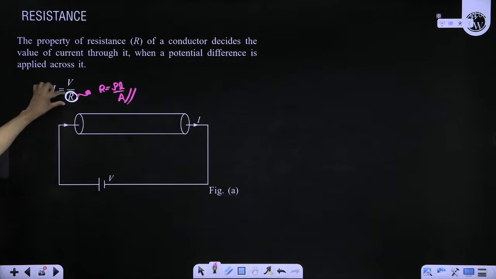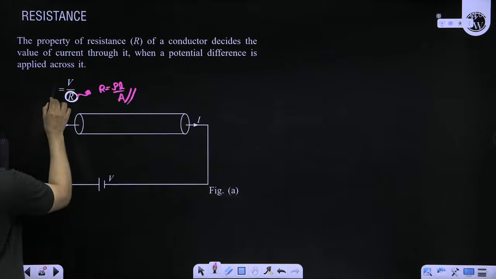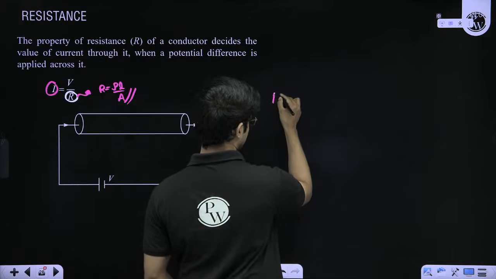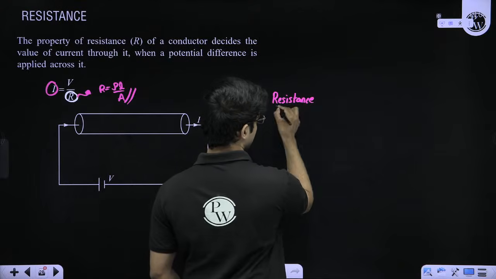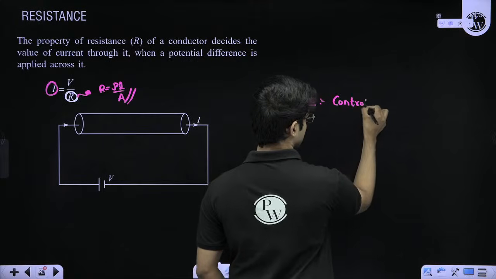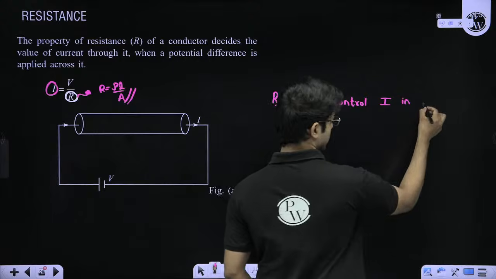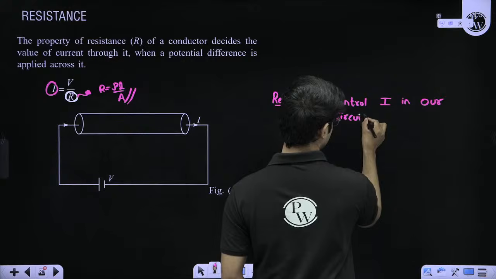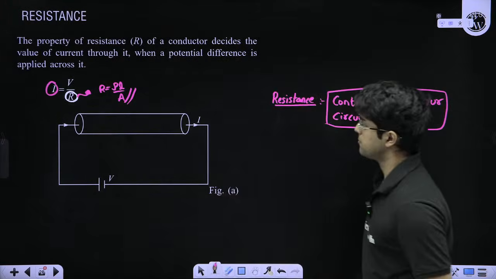If you increase the resistance of the conductor, you decrease the current in the circuit. So resistance is used to control current basically. Its main purpose is to control current in our circuit. So if you modify resistance in the circuit, we can play with the current pretty easily.